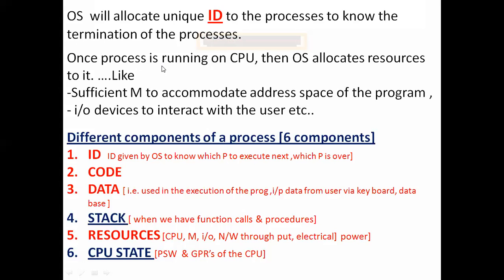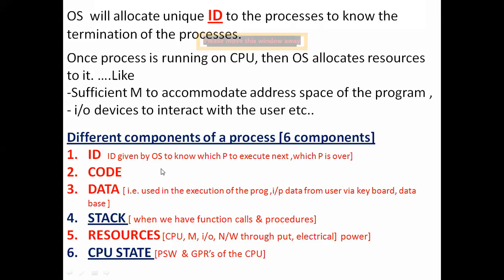Once the process is given to the CPU for execution, the OS will allocate the resources to it, like a sufficient amount of memory, the address space of the program, and IO devices to interact with the user. Upon initiation of the execution of the process, whatever resources the process requests will be allocated by the OS.